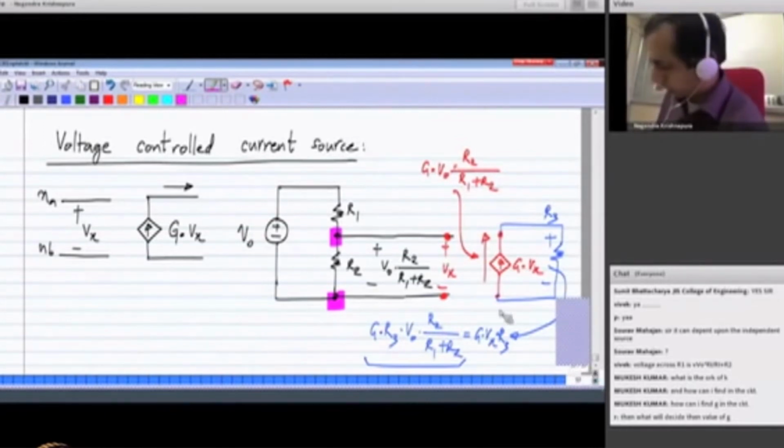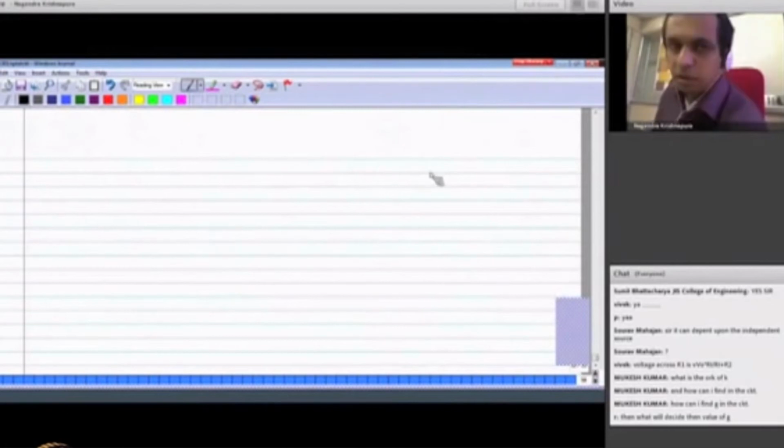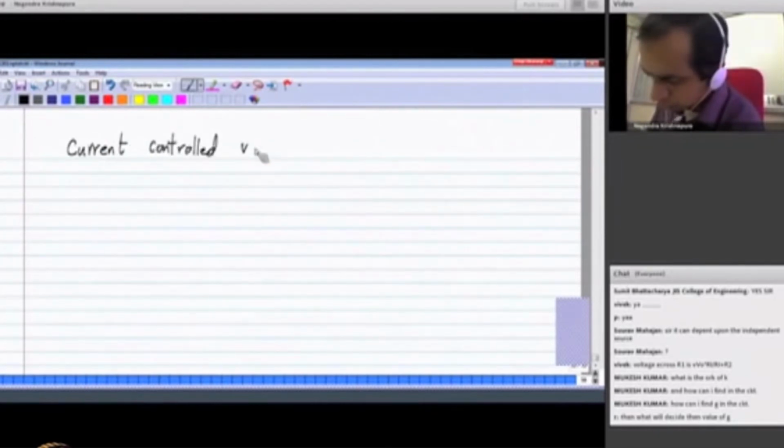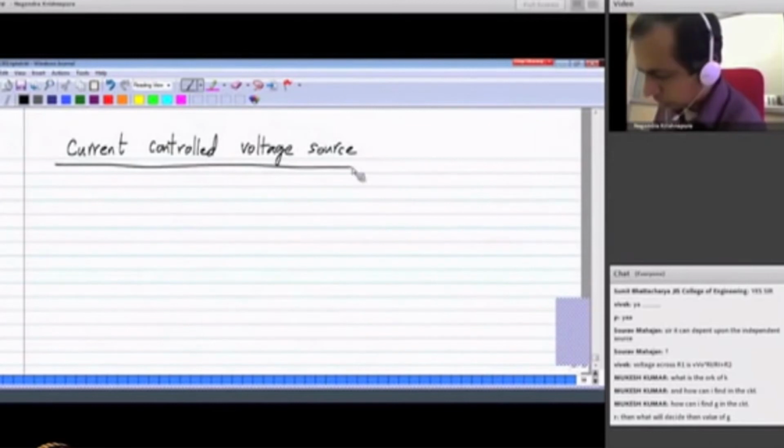And next we can consider current controlled sources. Let's say I have a current controlled voltage source.